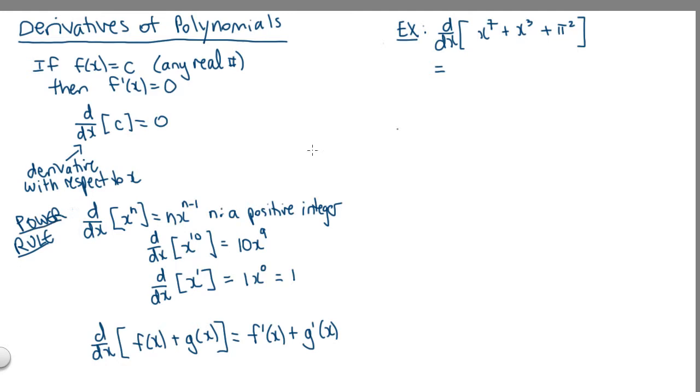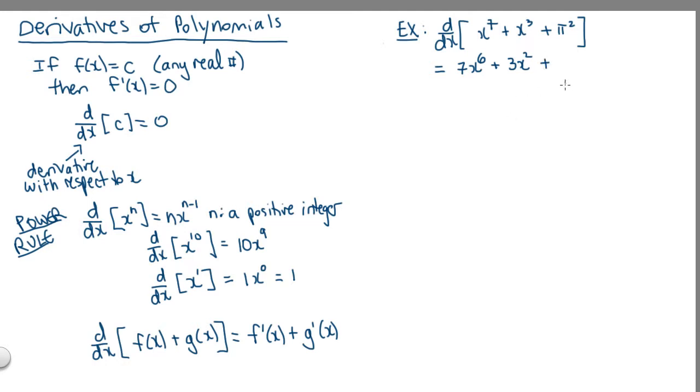Power rule. So according to the power rule, our derivative looks like 7 times x to the 6. So the power just goes down in front and the power on the x decreases by 1. Then we can move over to our next term. Derivative of x cubed is going to be 3x squared.